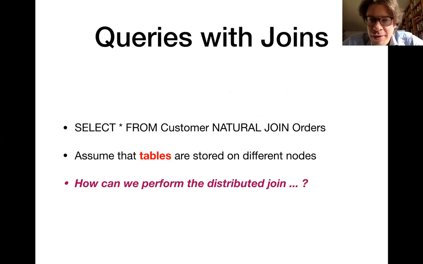So this is a first query with a join. We have a natural join between the customers and the orders. And here we assume that those participating tables are stored on different nodes. Does anyone have an idea about how we can process the join in this case?